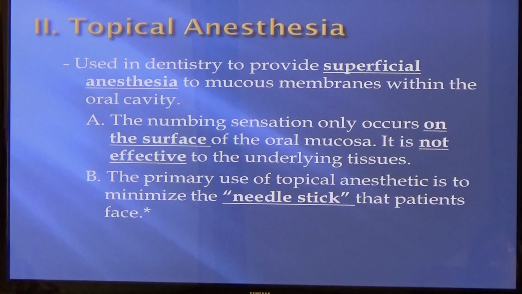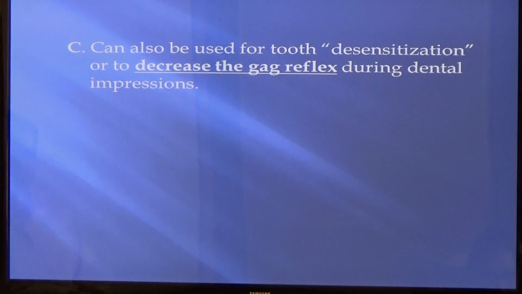So that's on the test. Topical anesthesia is used to minimize the needle stick. It can also be used for tooth desensitization or to decrease the gag reflex during dental impressions. You can get some on a swab and get way back there and numb up the roof of their mouth on the uvula area, and that'll minimize the gag reflex.